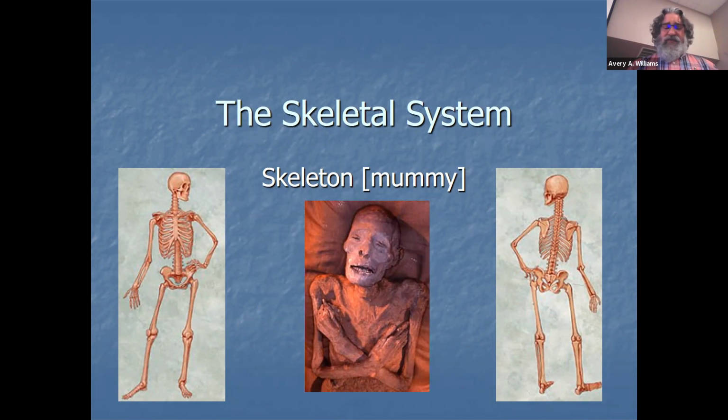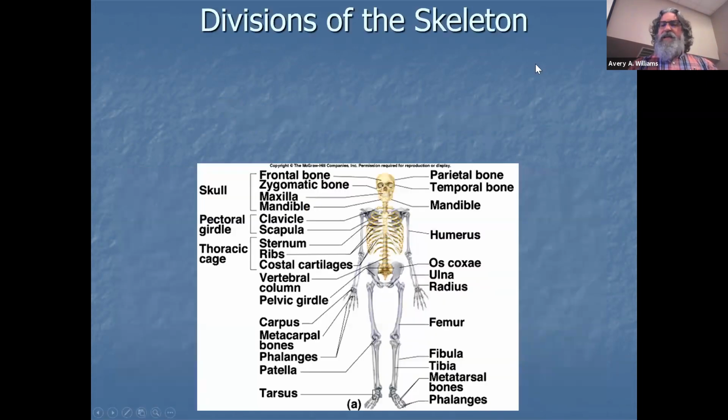Look at that poor individual there in the middle. Well, what is it? Remember, we're talking about body systems, and the skeletal system is one of our body systems. It's comprised of organs, and of course the organs in the skeletal system are the bones.